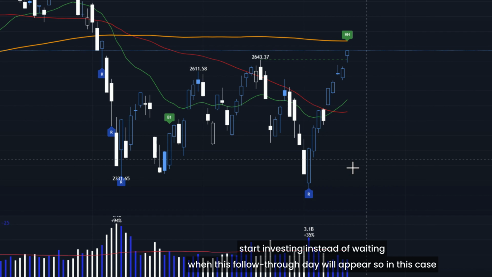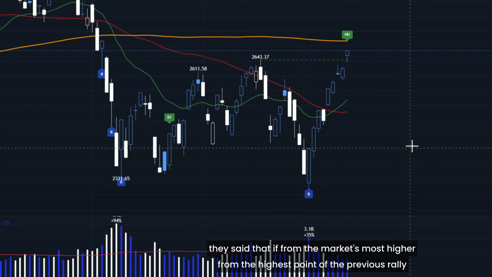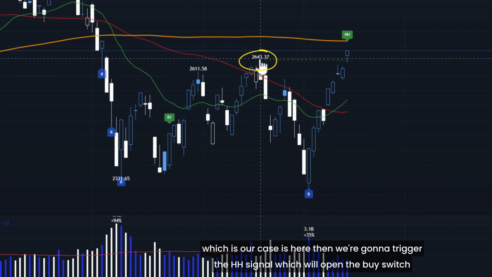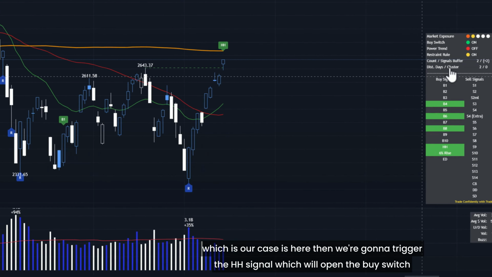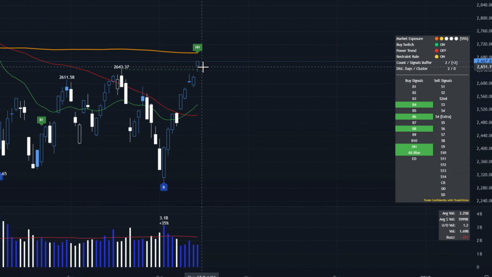So in this case, they said that if the market moves higher from the highest point of the previous rally, which in our case is here, then we trigger the H8 signal, which will open the buy switch.